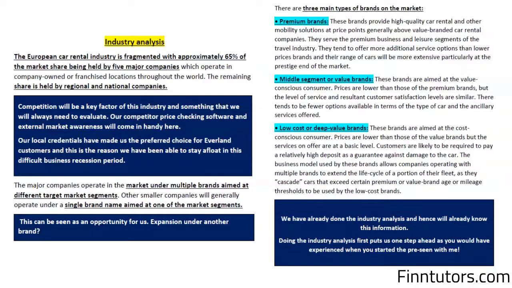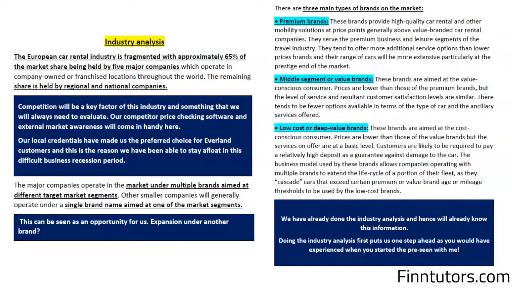Now, the European car rental industry is fragmented, with approximately 65% of the market share being held by five large companies. We already know that this is what's happening in the real world as well, and we have already done this as part of our industry analysis. The remaining share is held by regional and national companies. Now, competition will be a key factor of this industry and something that we will always need to evaluate.